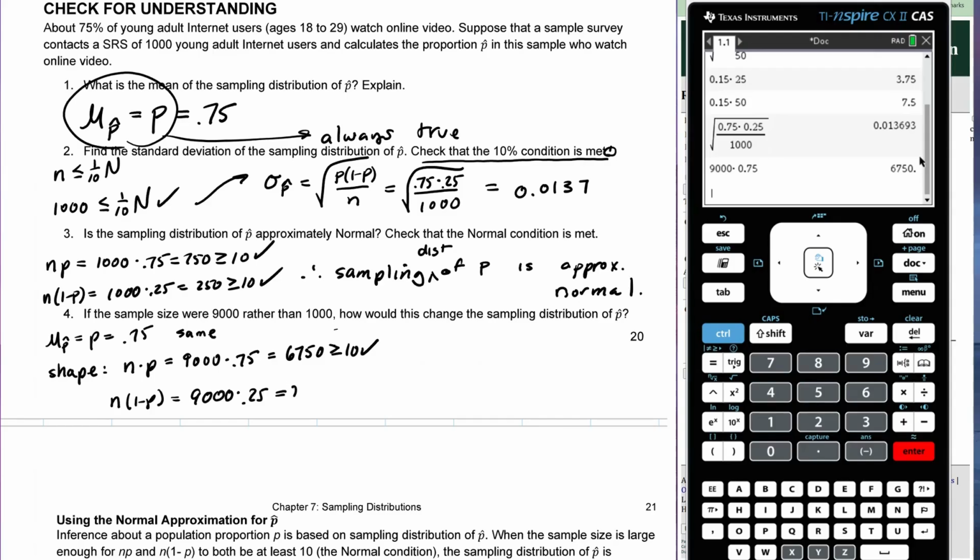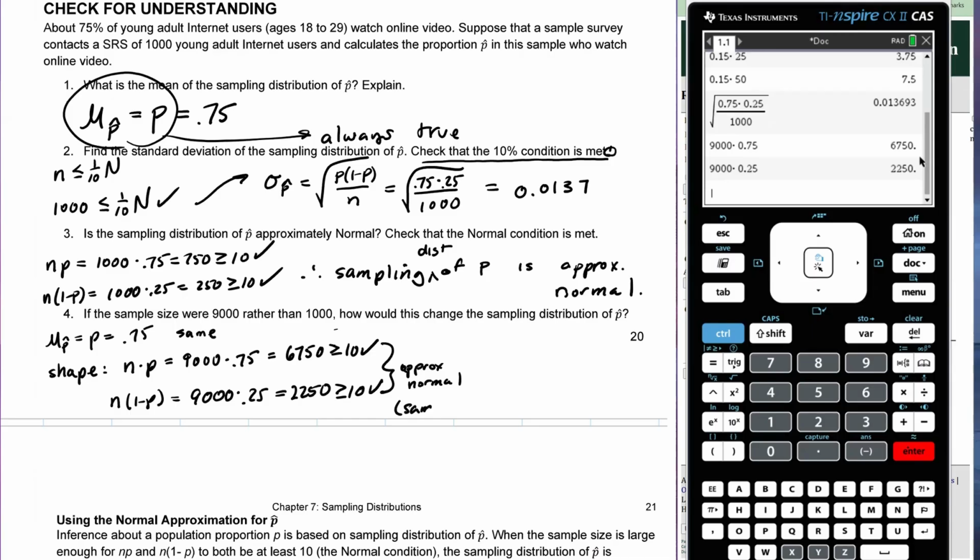So I think that's going to be 2,250. Let me just double check. 9,000 times 0.25. Yep. And that number is greater than 10. So this is still approximately normal. So same shape.